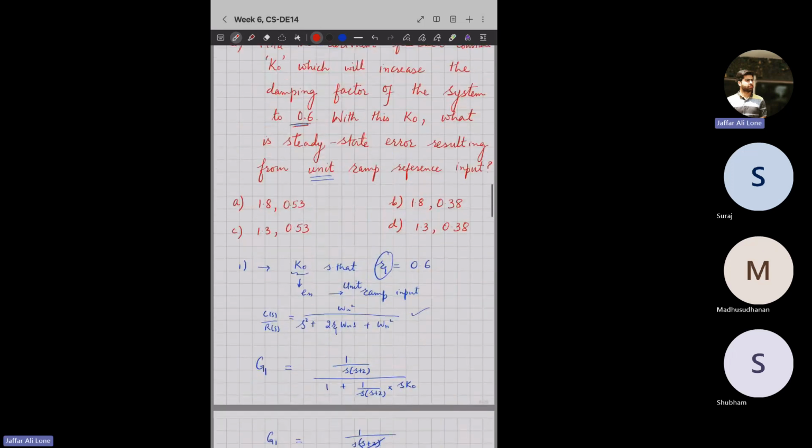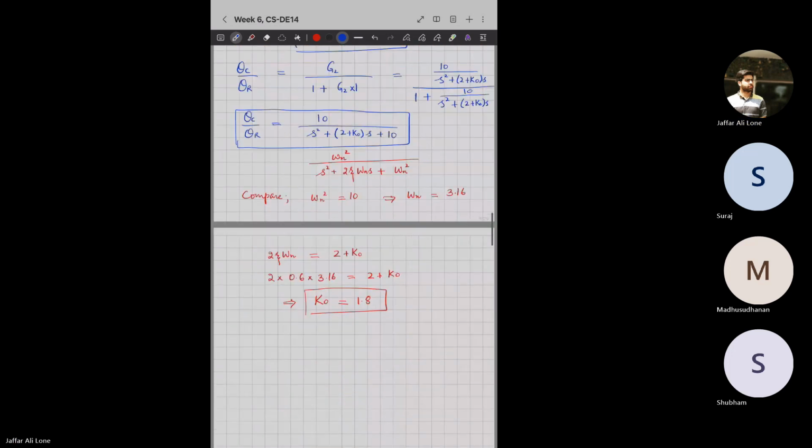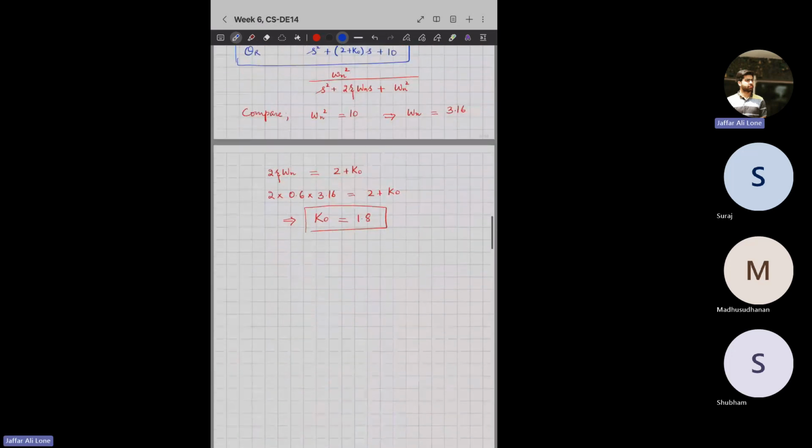So if you see, your two options are eliminated, this and this. Now our steady state error is either 0.53 or 0.38. Okay, so now let's find the steady state error. It's very easy now. So we got this. Now what will be my steady state error? Limiting s tends to 0, s into R of s.